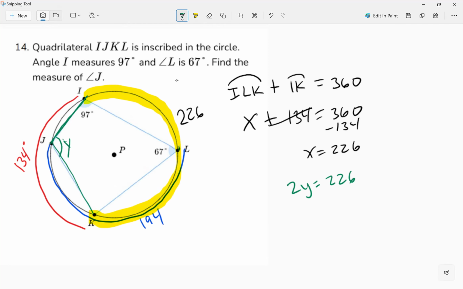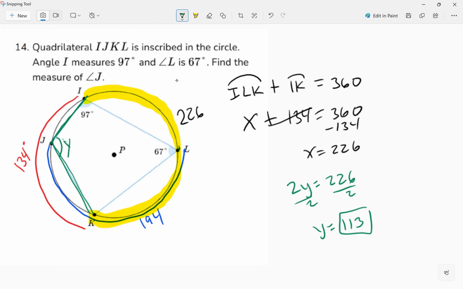Because you see how this angle creates an arc. But remember I said 2 times the angle equals the arc. So 2 times Y is equal to 226. So let me divide by 2. And that angle happens to be 113.